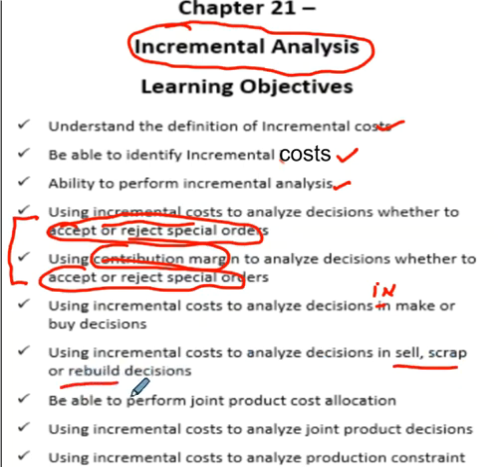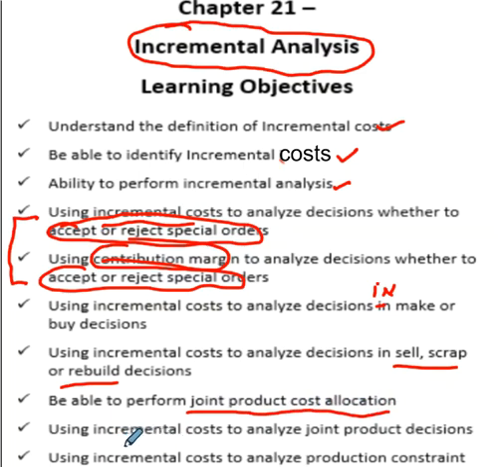We're also going to be able to understand how to perform what we call joint product cost allocation. That is a process where certain items are made as derivatives from a common item.